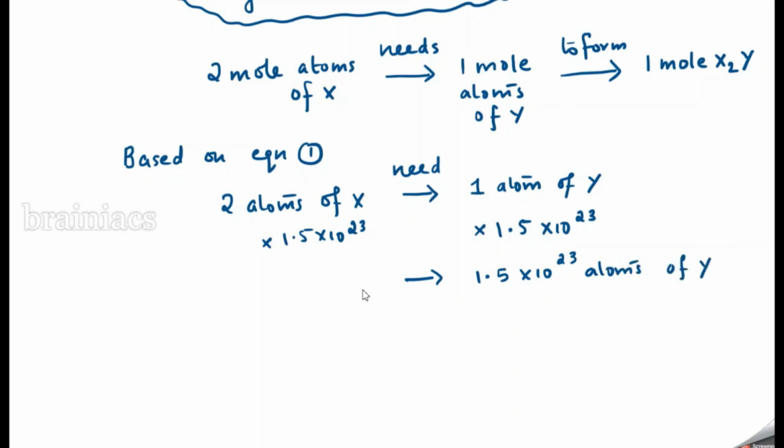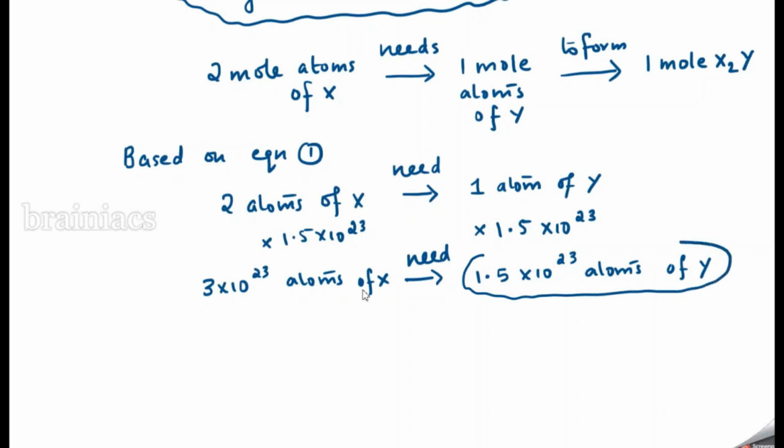Then this will become 3 into 10 power 23 atoms of X. So what is the meaning of that? 3 into 10 power 23 atoms of X need 1.5 into 10 power 23 atoms of Y, correct?